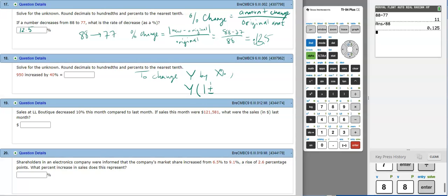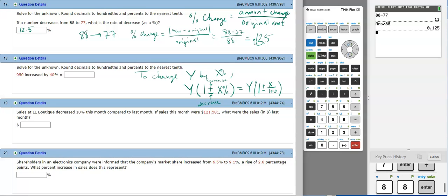The plus is if you're increasing, and the minus is if you're decreasing. So if you want to increase something by a percent, you go 1 plus. If you're decreasing by a percent, you would go 1 minus this thing, which is just the percent. Of course, when you want to do 1 minus a percent, this should be a decimal. So another way to think of that is take 1 plus or minus, depending on increase or decrease, x out of 100. That would give you a decimal.